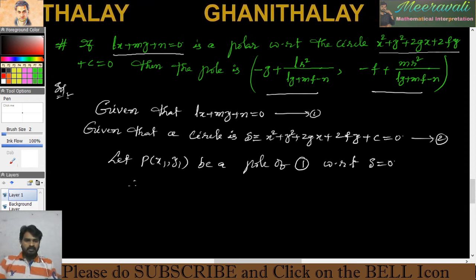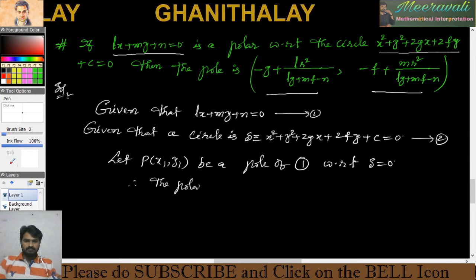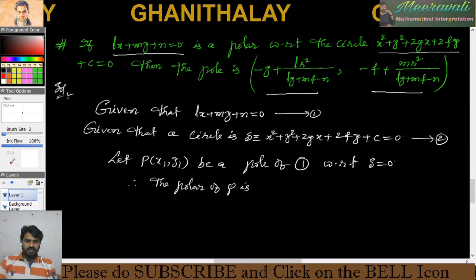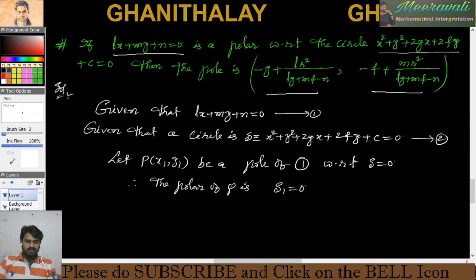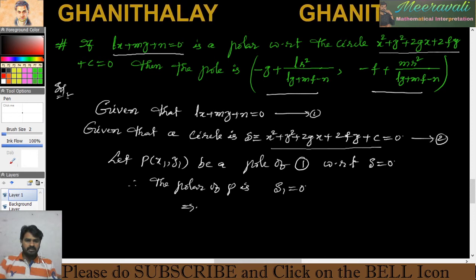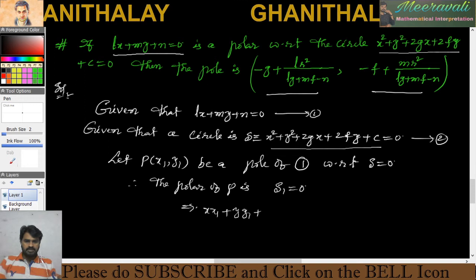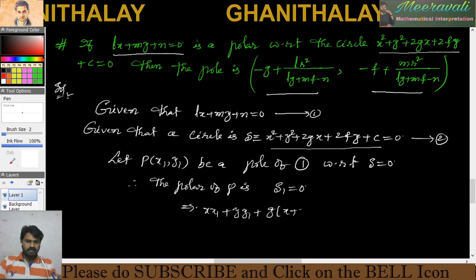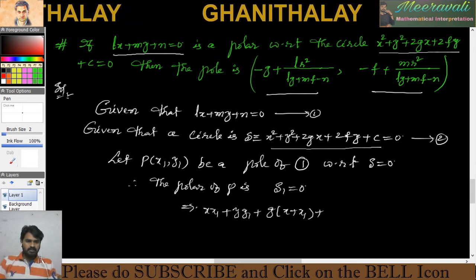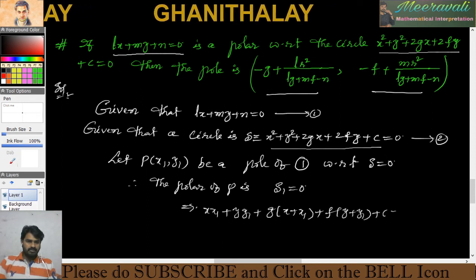By using the formula, the polar of P is S1 is equal to 0. Now here S1 means by taking S, you have to write xx1 plus yy1 plus g into x plus x1, plus f into y plus y1, plus c is equal to 0.